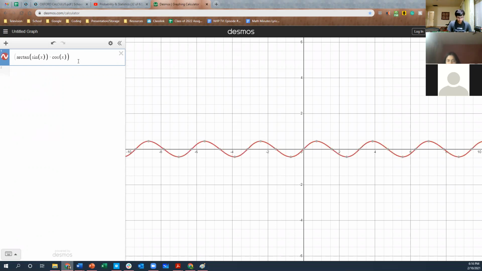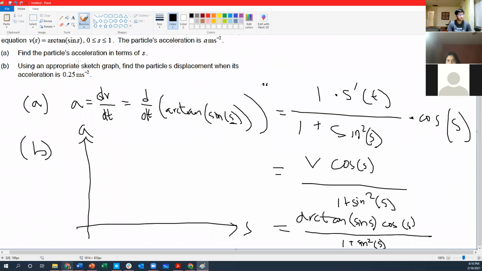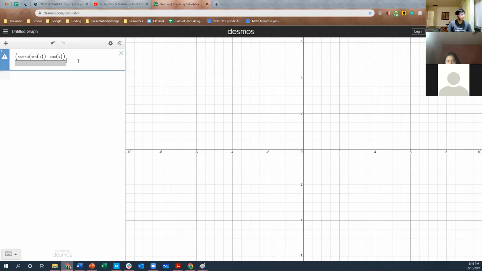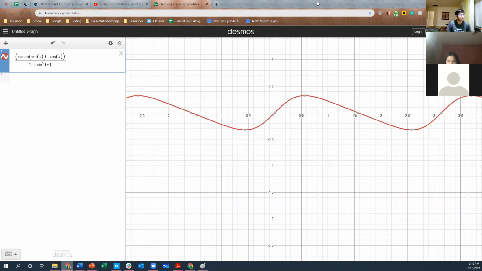And then this whole thing divided by 1 plus sine squared of X. Does that notation work on Desmos? Yes, it does. Okay. Does that look like what's in the solution?